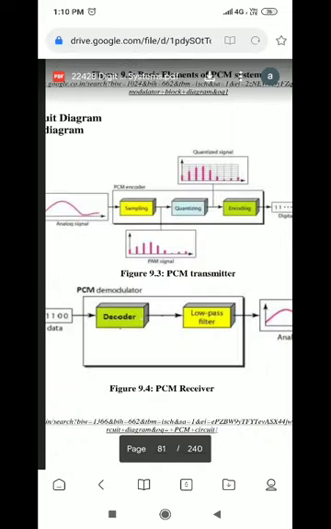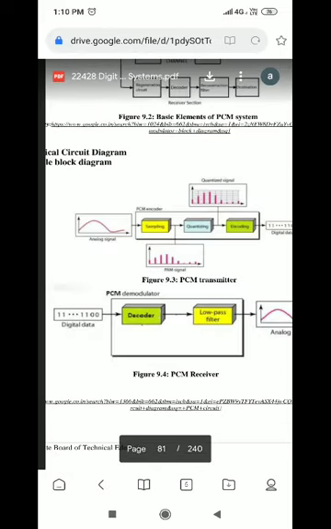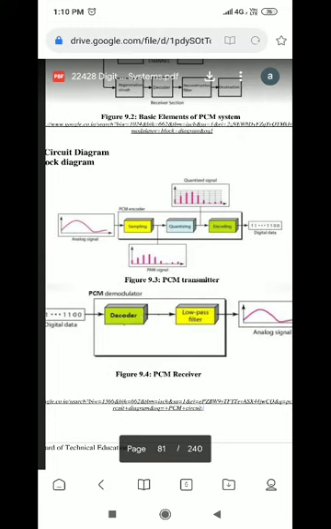Also here we can see the simple block diagram for PCM transmitter and PCM receiver. Here the first block is sampling, then quantizing and then encoding. Then we get the PCM signal.